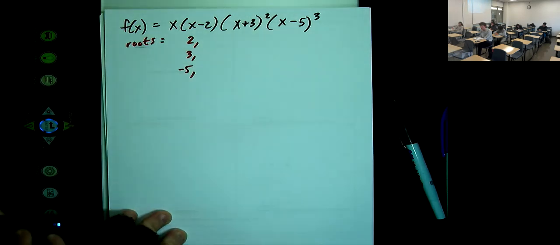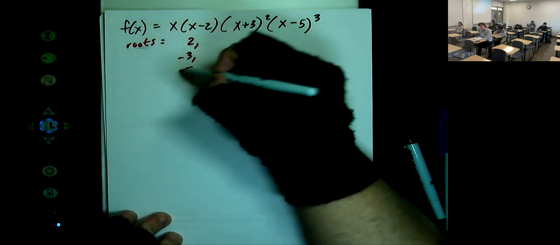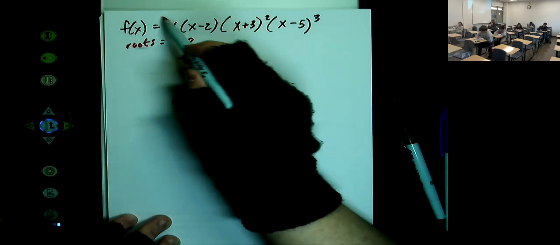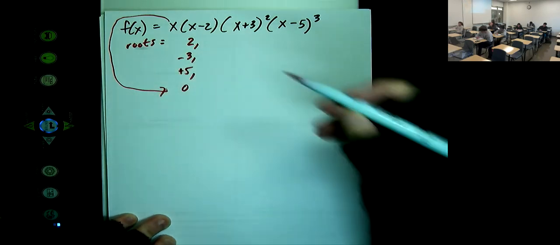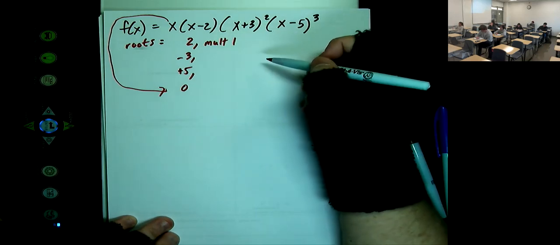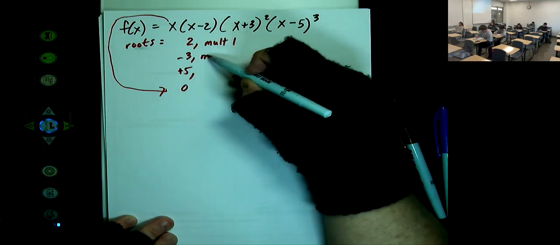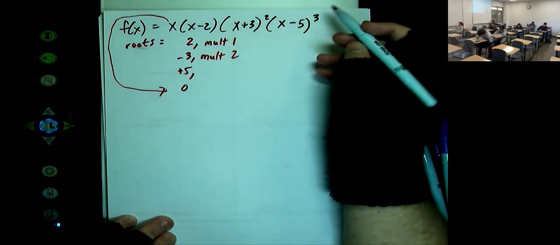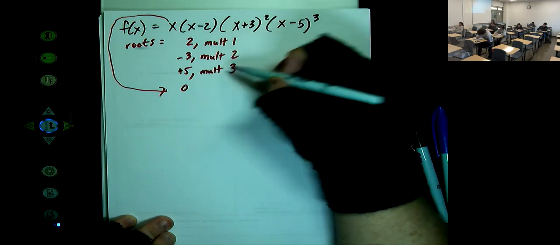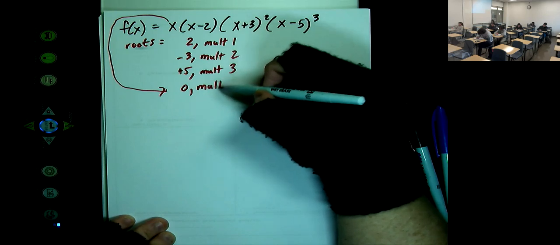Anything else? You said -3, right? The x in front gives us 0 as a root. So my x equals 2 has a multiplicity of 1. My x equals -3 has a multiplicity of 2. X equals 5 has a multiplicity of 3. And x equals 0 has a multiplicity of 1.